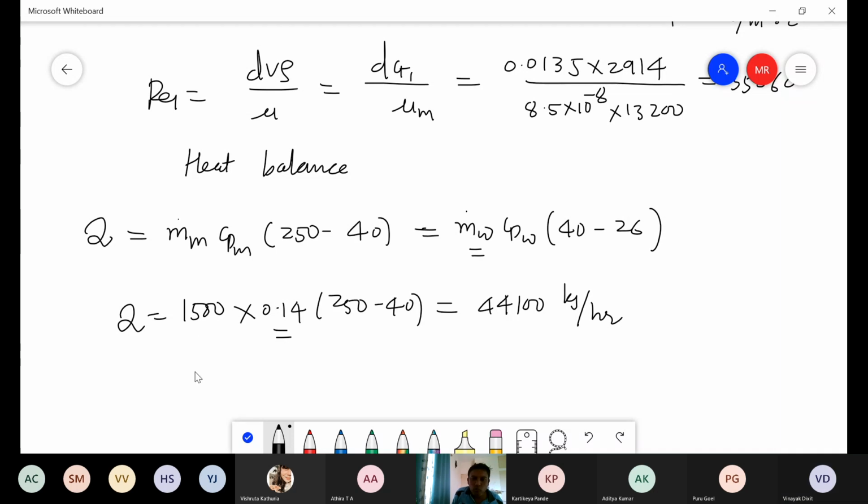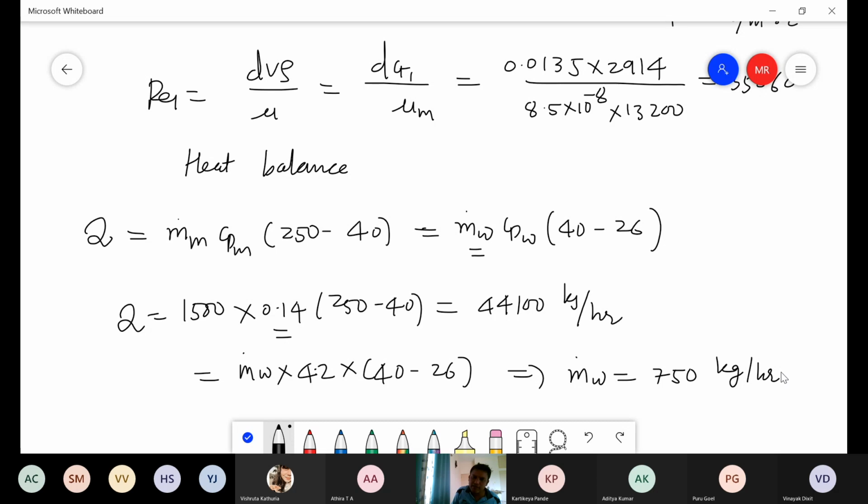So this we can equate to MW dot as it is into CPW. CPW is given as 4.2 into 40 minus 26. So from this MW dot can be obtained as 750 kg per hour, isn't it? Yes, sir.